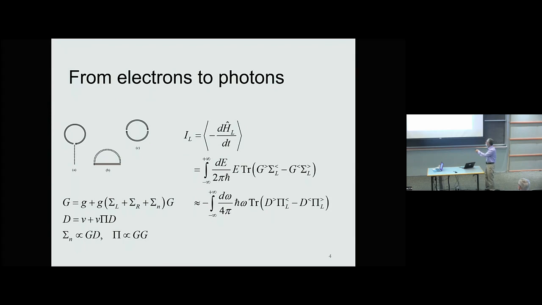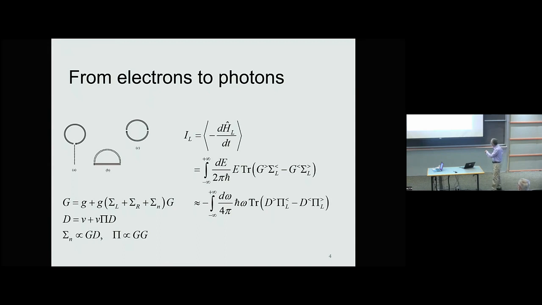For example, if you just use the lowest order approximation, you get G times G, and the self-energy is G times G. If you use this as an approximation to this problem, you can rewrite this formula approximately into an alternative formula. In this alternative formula, we completely eliminate the presence of the electron and only talk about the scalar field or photon field, and that has the alternate formula.